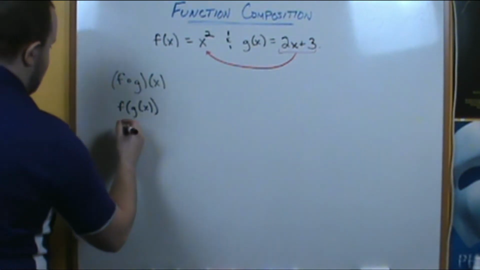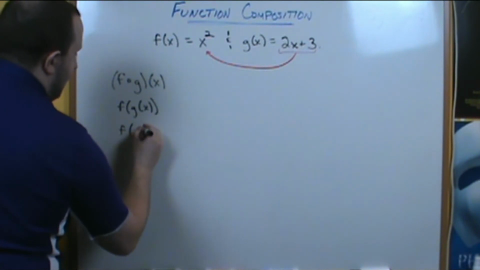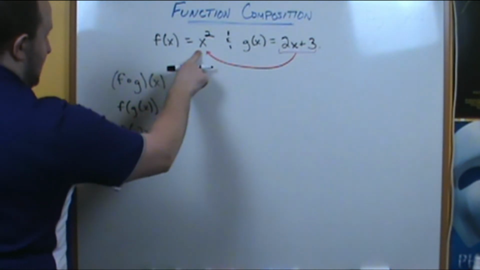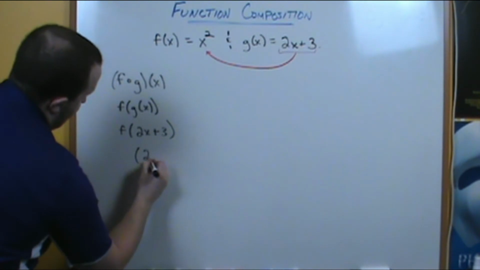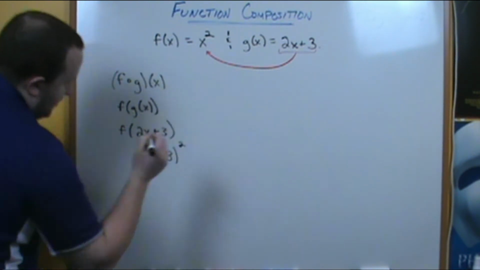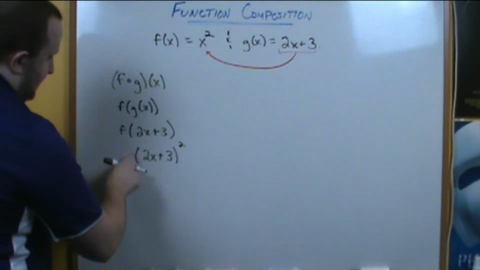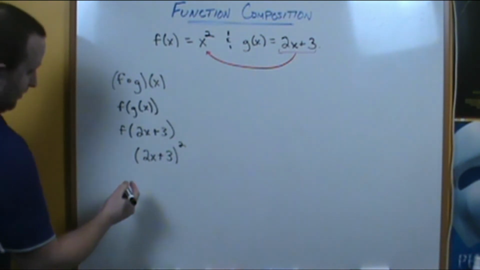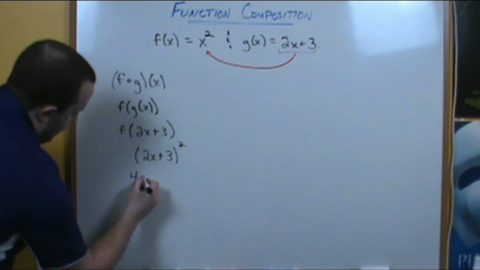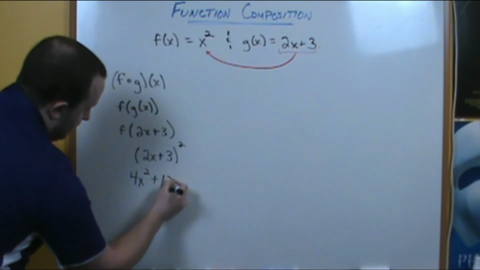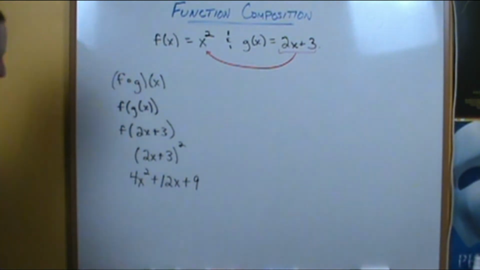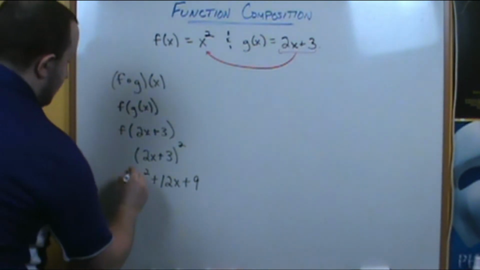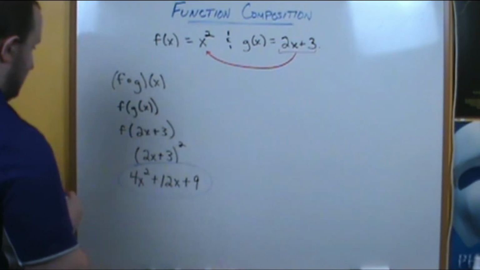So f of g of x is the function f evaluated at 2x plus 3. That's going to be the quantity 2x plus 3 squared. When we expand this binomial squared and multiply it like you know how to, that will be 4x squared plus 12x plus 9. And that right there is your answer. That's the function f of g of x.